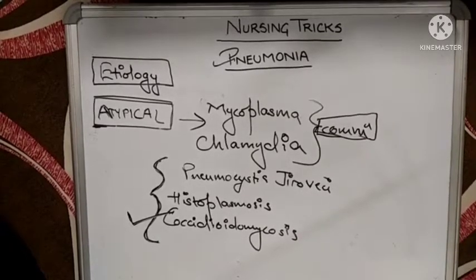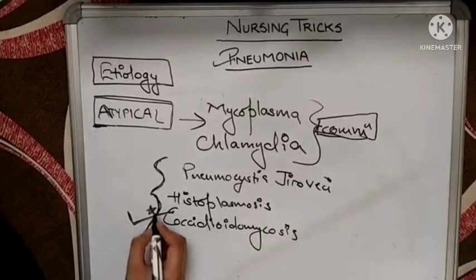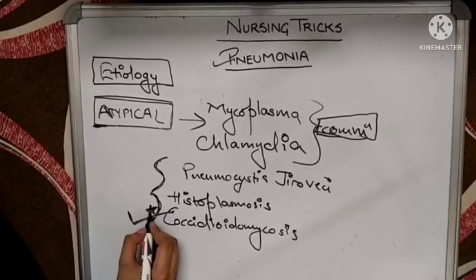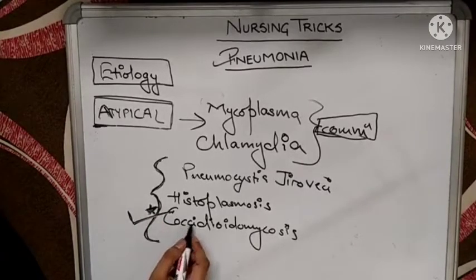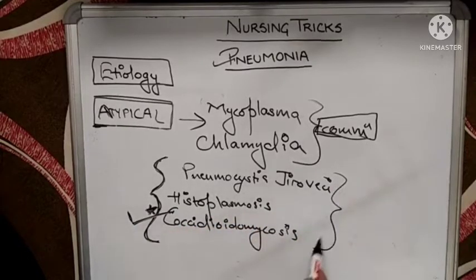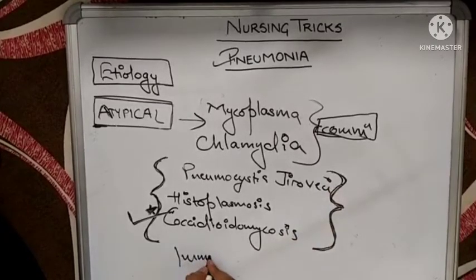So make sure that once you are making your notes, just mark a star or whatever you want in front of it, to show what all things are important and we have to remember them. So coccidioidomycosis, histoplasmosis and Pneumocystis jirovecii, you will see that they cause the pneumonia in the immunocompromised children.